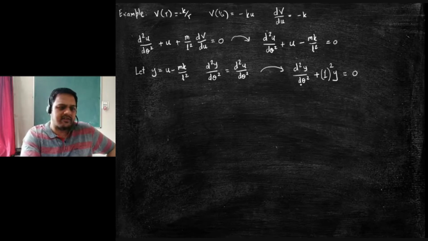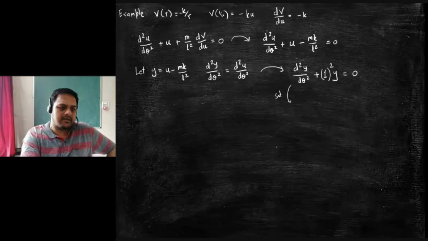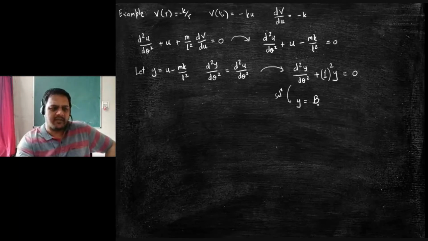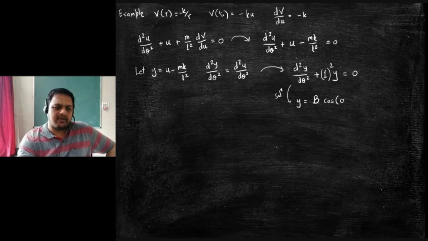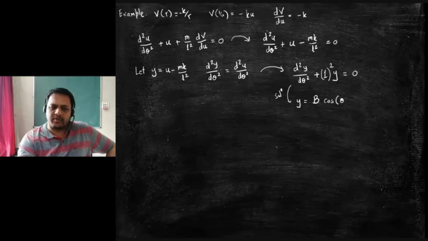A solution to this is y equal to, I am going to call the constant b, doesn't matter, b cosine of theta minus theta prime, where instead of phi I am going to call the angle theta prime.